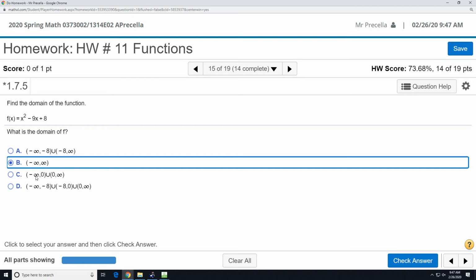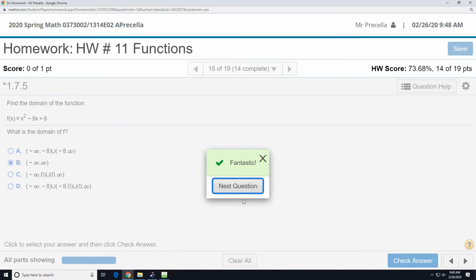Answer choice C, from negative infinity to infinity, all numbers except what? 0. Now what about D? Negative infinity to infinity, all numbers except negative 8 and 0. And there will be some eventually where you'll have to write it out like that with the union symbol.